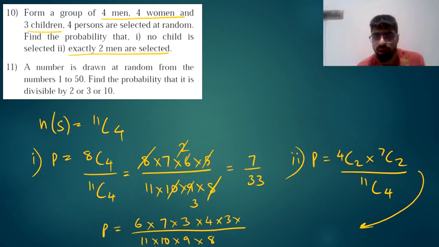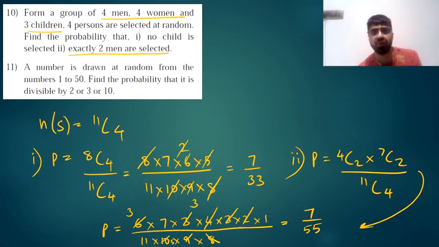So 4 into 2 is going to give you 8, 3 into 3 gives you 9, and finally 6 into 7 upon 10. So 2 3s are 6, 2 5s are 10, and the final probability that we are left with is 7 upon 55. That's the probability for the second part of the 10th question.